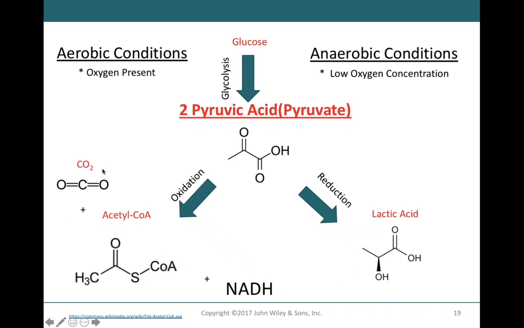If I was to ask you on the test how many molecules of acetyl-coenzyme A are formed from 1 pyruvate molecule, that's going to be 1. So it's important to be careful in your understanding that glucose gives us 2 molecules of pyruvic acid, and each molecule of pyruvic acid is going to give us 1 of these.